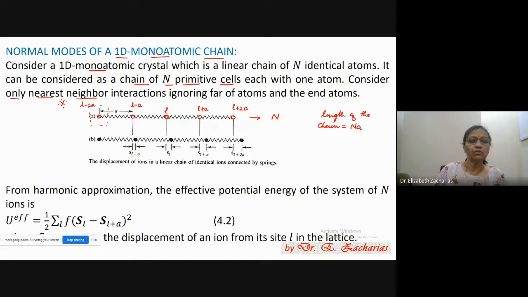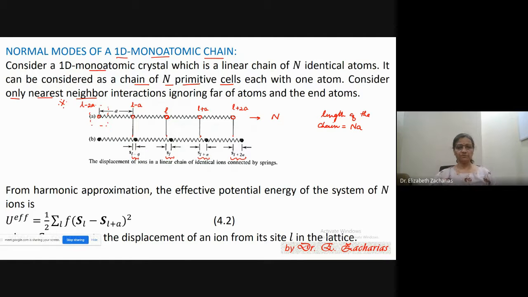The atom here has moved through a displacement S_{L-A}. This one has moved a displacement S_L. This one is S_{L+A}. This is S_{L+2A}. These were the equilibrium positions, so let us consider the displacement away from the equilibrium positions.